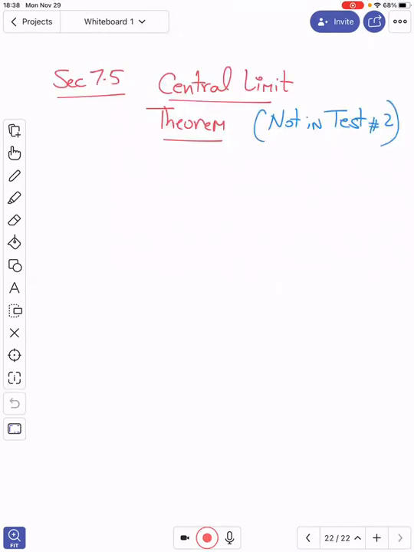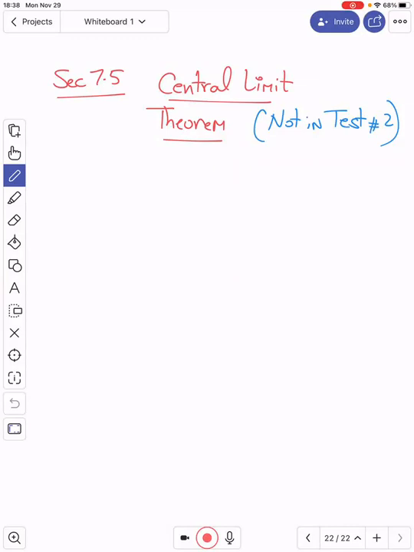I'm just going to state the theorem and explain what it says, and then of course we'll have some examples. So, what is this central limit theorem? Actually, we're going to have two theorems in this section.